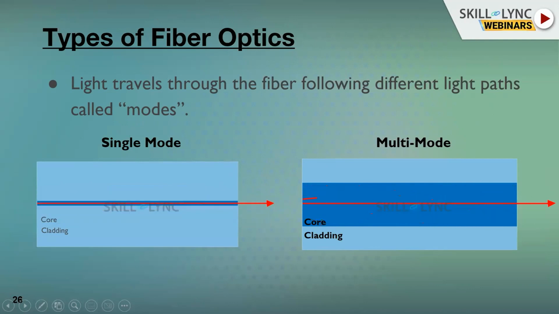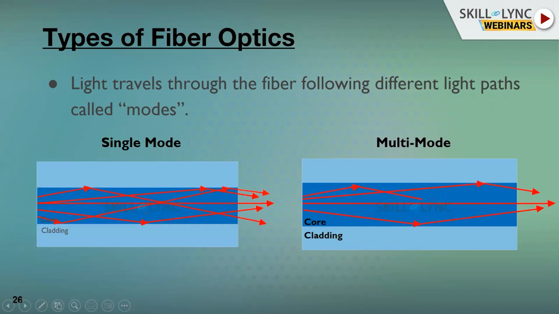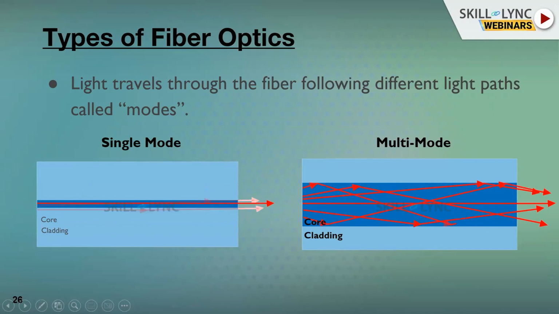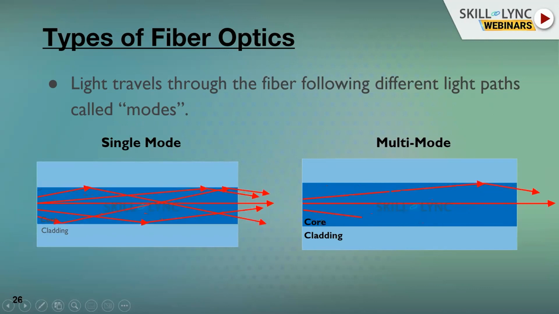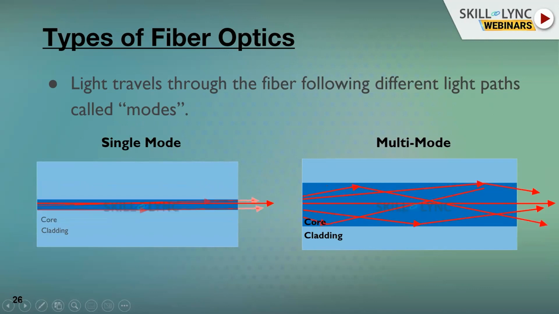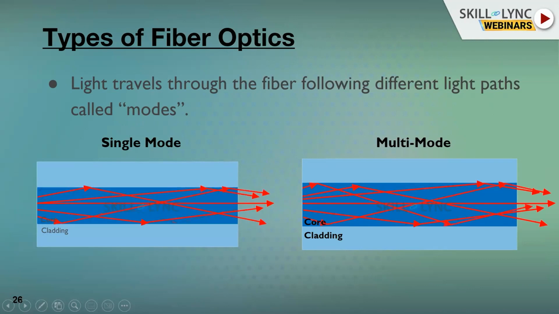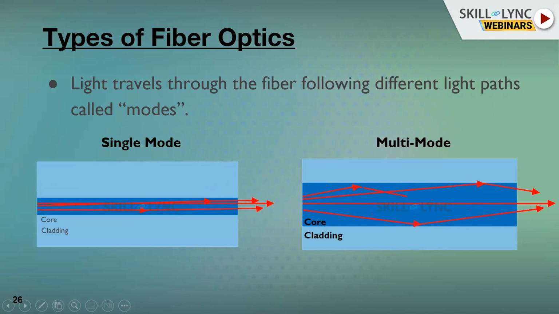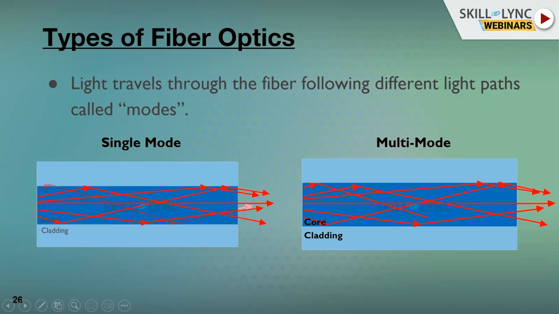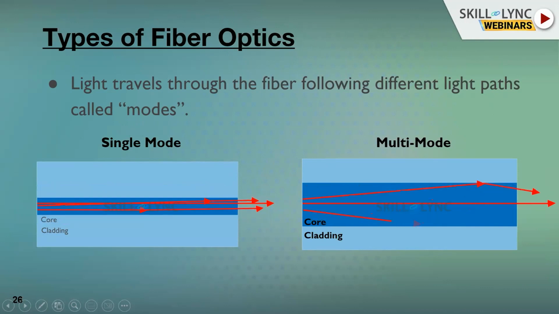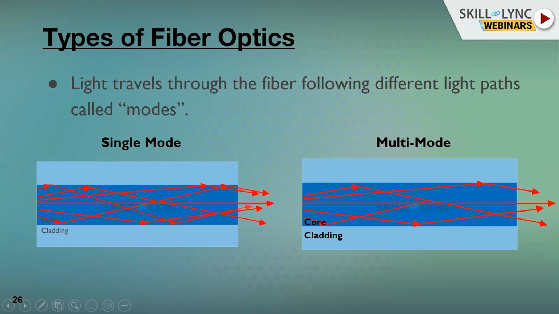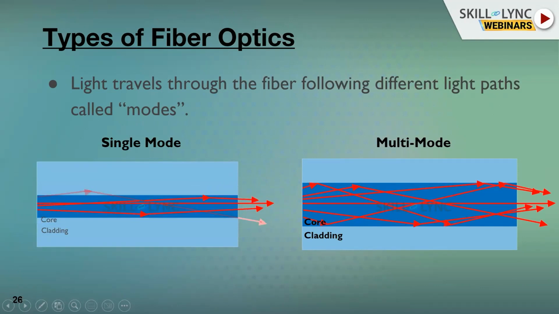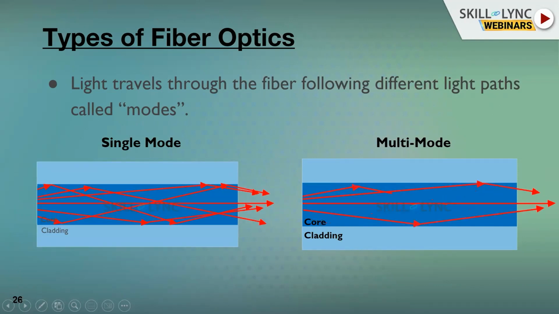Single mode is very small. That means the fiber core is so small that light can only travel in one ray. So in a single mode, the light will travel in one ray. That's the reason it is called a single mode.